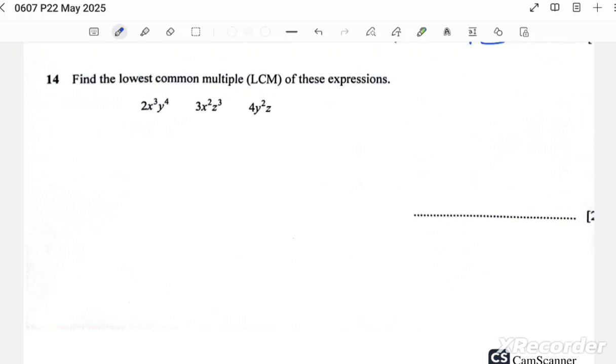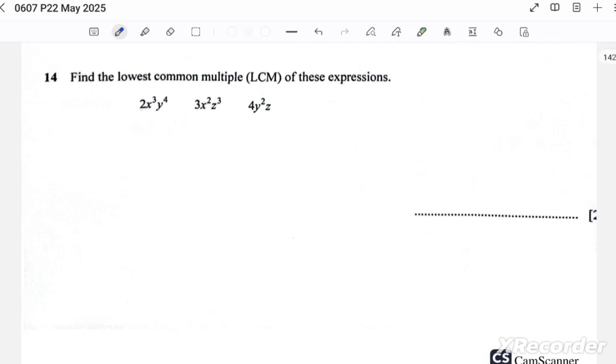So now let's talk about question number 14. Find the lowest common multiple of these expressions. If you look at the numbers we have 2, 3, and 4. Remember that the lowest common multiple is like a union. You take all numbers, but take care you don't repeat.